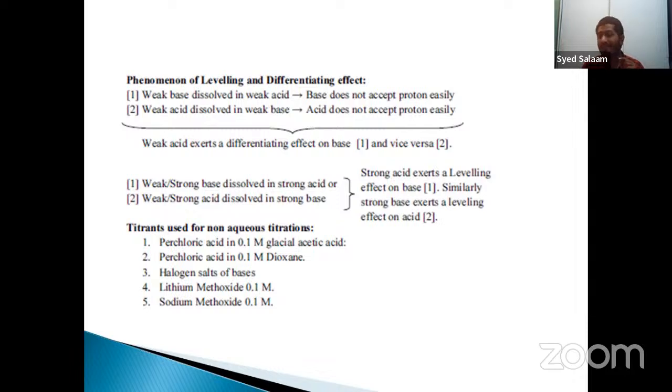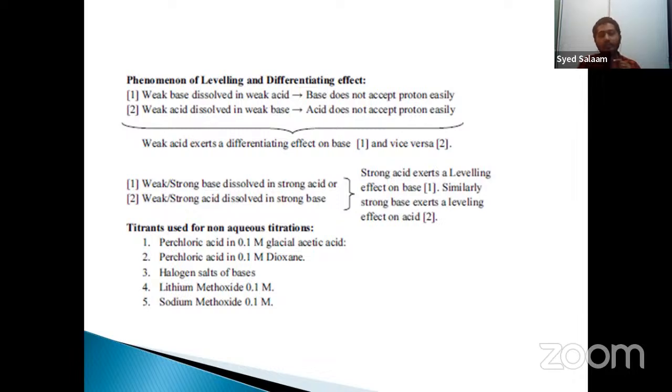So we need to increase the strength or level of that. Weak acids exert a differentiating effect on the base, and weak bases give a differentiating effect on acids.